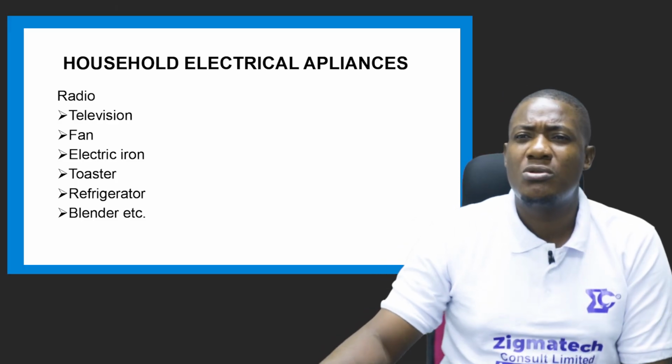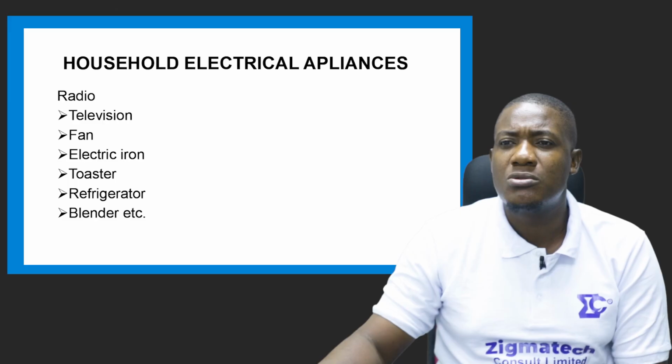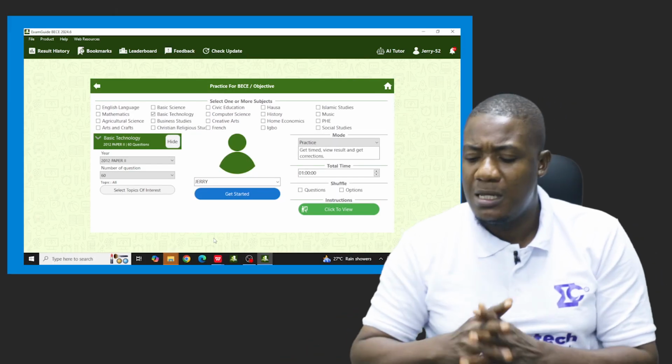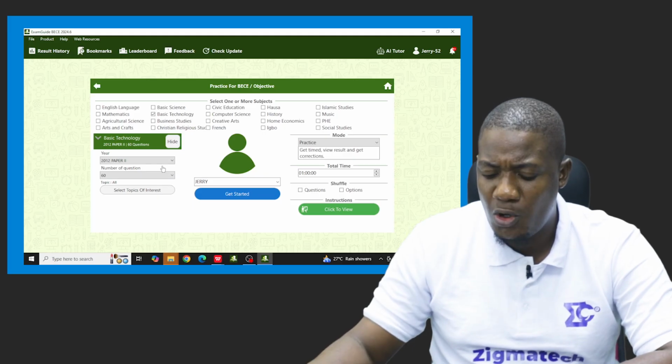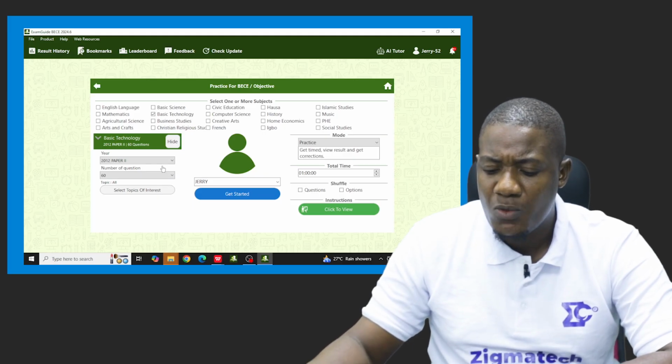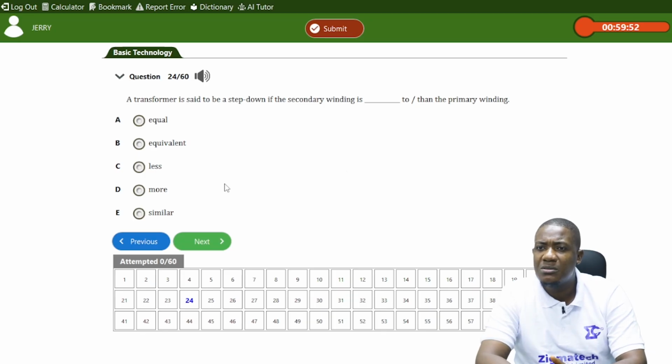As we go through the ExamGuide app, I need you to stay put. Let's see the questions from this as we have taught. Let's look at this. A transformer is said to be a step down if the secondary winding is dashed to that of the primary winding.